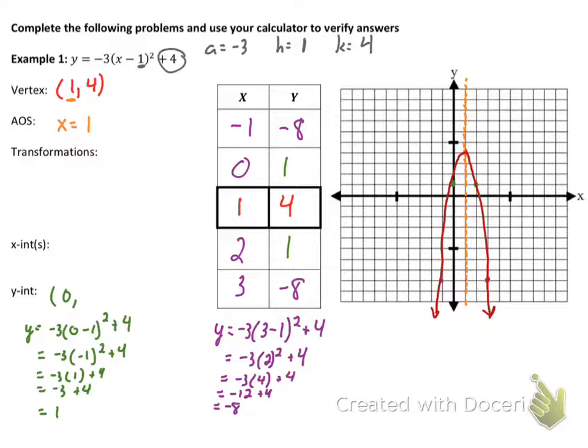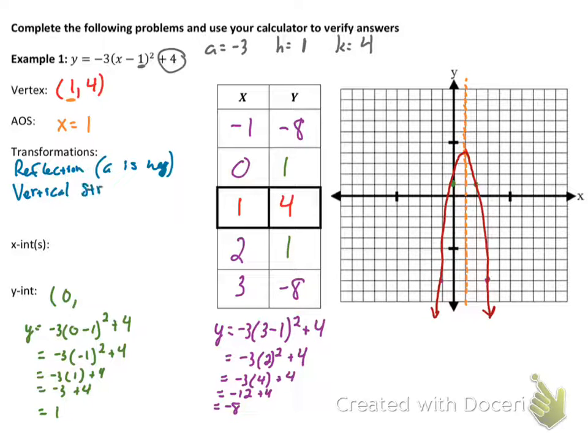Because it's negative, I know I have a reflection. The a value is -3, which means it's getting stretched in the negative direction. Just think, if it's Play-Doh and I'm trying to make it 3 times the size, I have to stretch it out. So this is a vertical stretch.